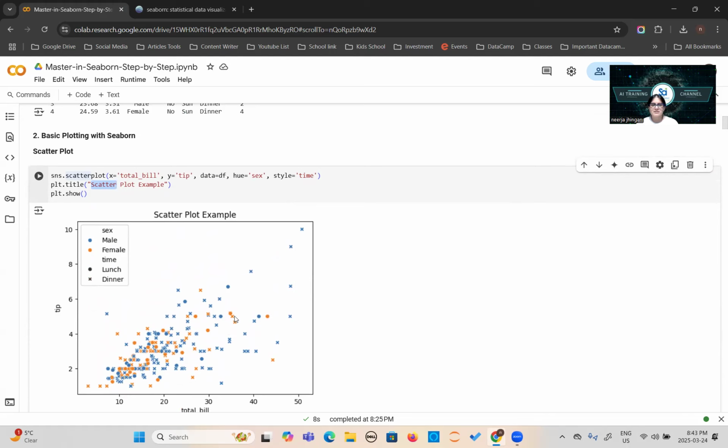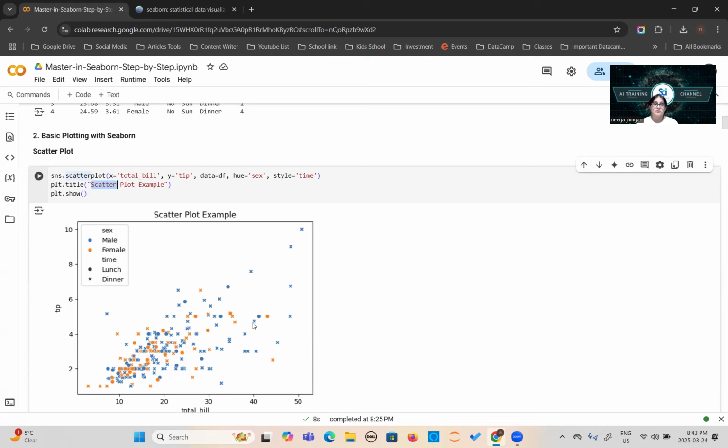And this is the cross sign. This belongs to dinner, and it is also telling you this is a female who went for dinner, right? And the dot, this is the blue one, right? It is showing you for lunch too. Okay, like a cross, sorry, not lunch, for the meal.